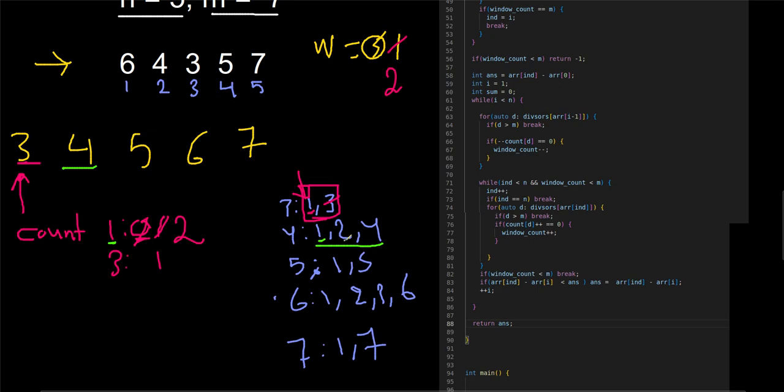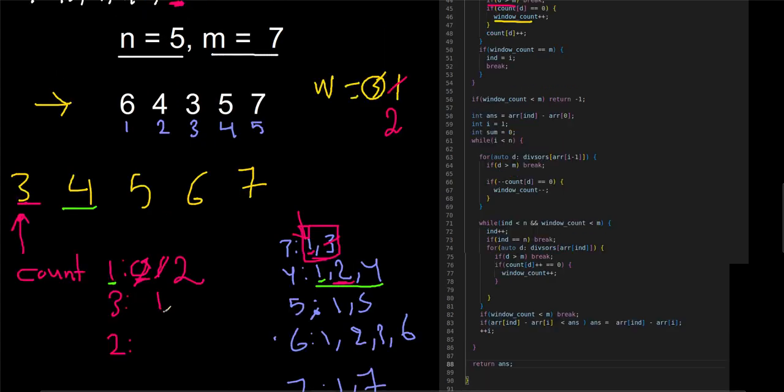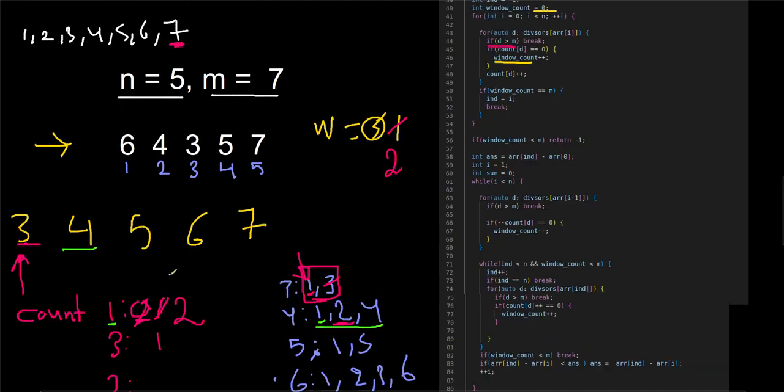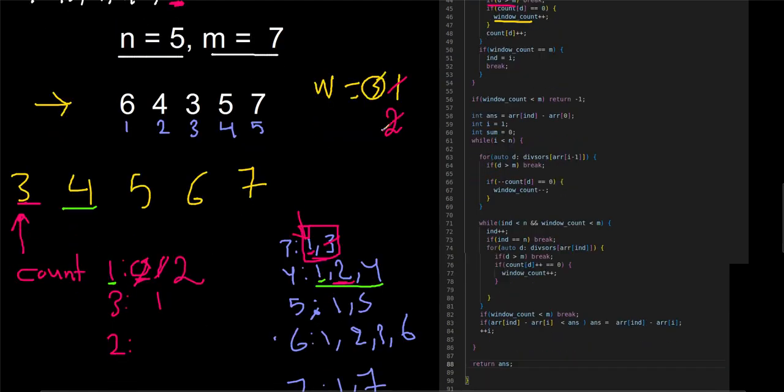Then we have the value 2. The number of 2's in the count is by default 0, and that means we are going to cover a new topic, which is 2, and we increase the window count to 3.